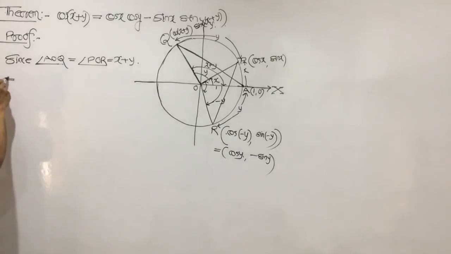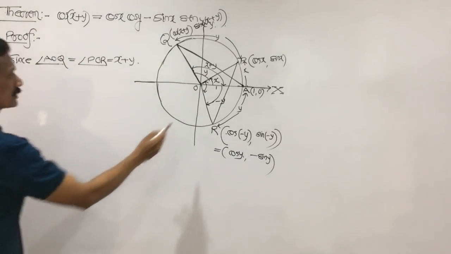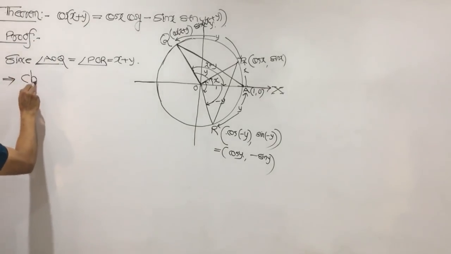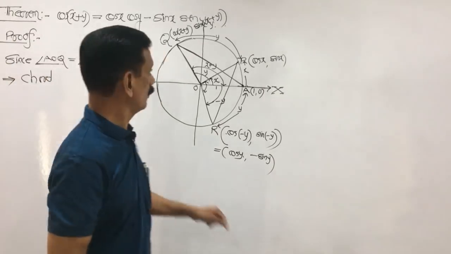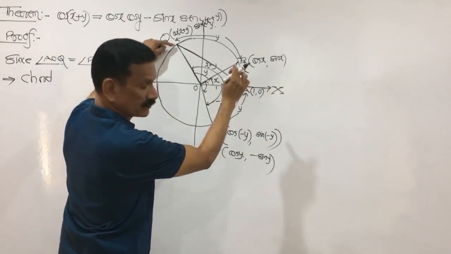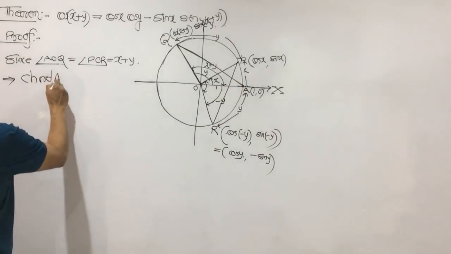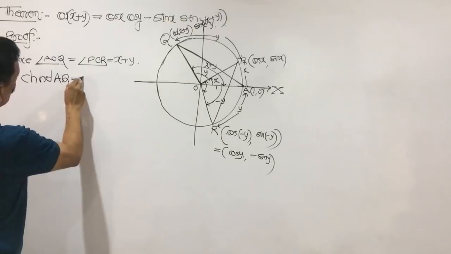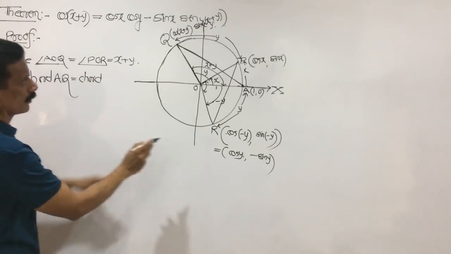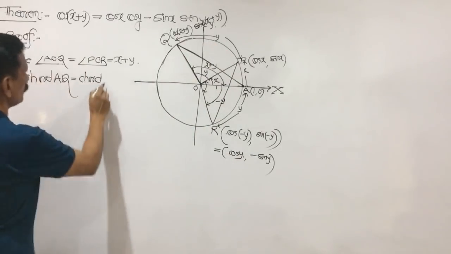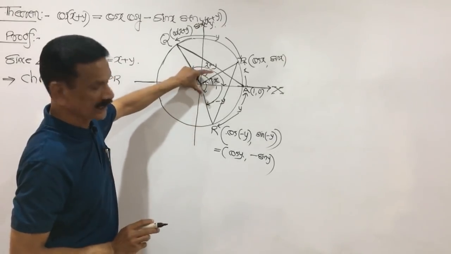this implies, by a property of circles, that in a circle the chords, I hope you understand, chord means this we call a chord, so chord AQ is equal to chord PR, because this angle is x plus y and this angle is x plus y.